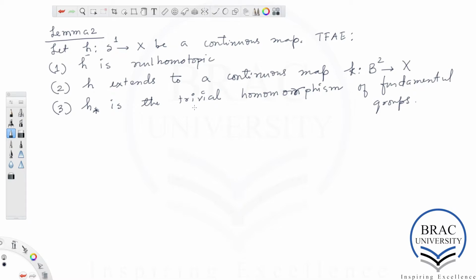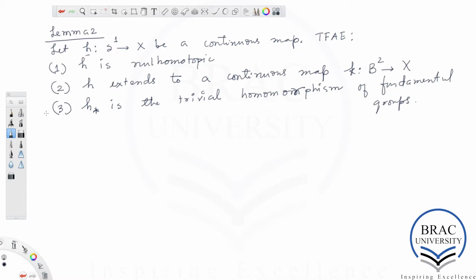So when it says that one has to prove that it's a trivial homomorphism between fundamental groups, it means that the latter fundamental group consists of the identity element only. And that makes the homomorphism trivial.